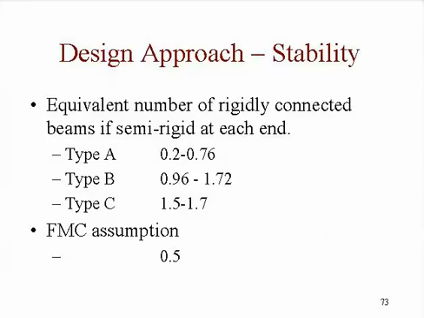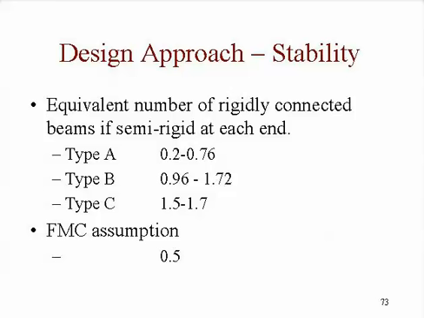And he found that for a beam with those connections on each end, the type A connection, that's just the double angle web connection, worked as if it was anywhere from 0.2 to 0.76 of a rigidly connected beam. The type B connections, 0.96 to 1.72, and the type C connection, 1.5 to 1.7.